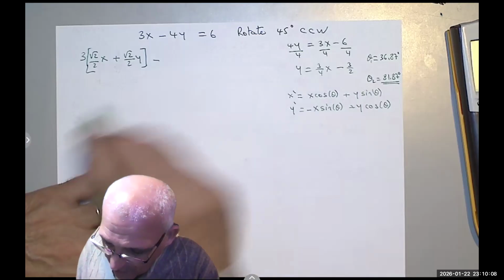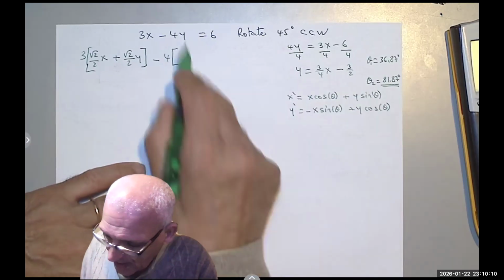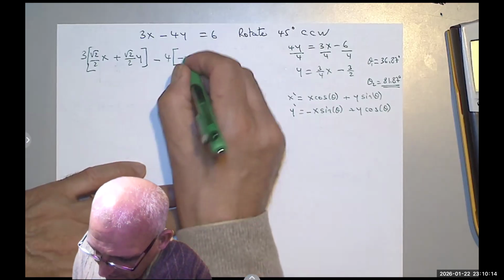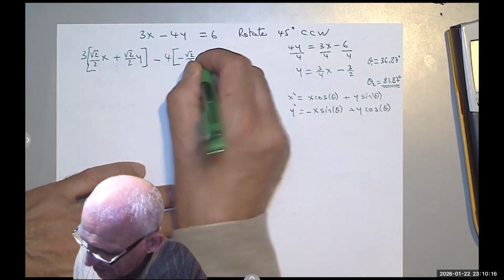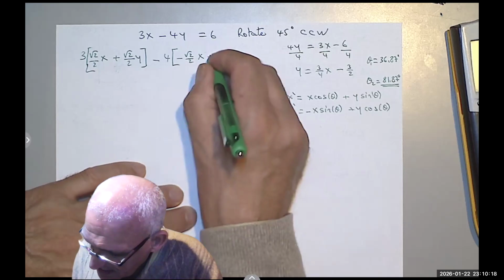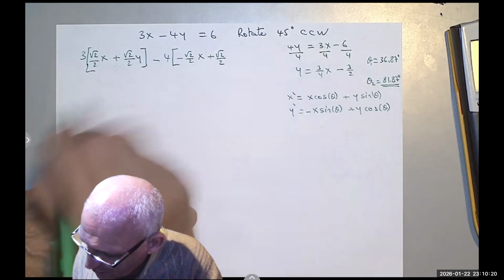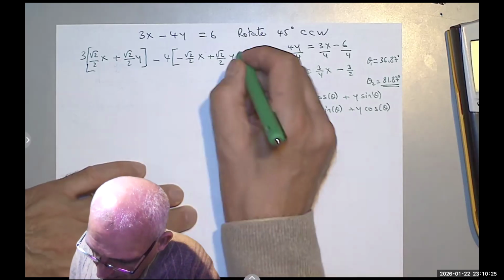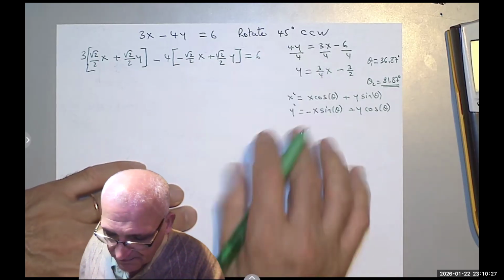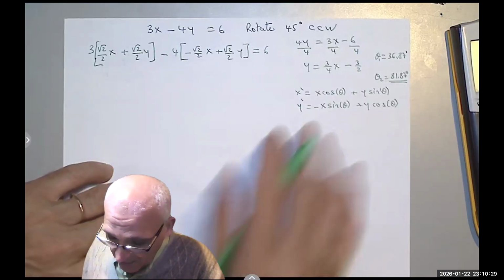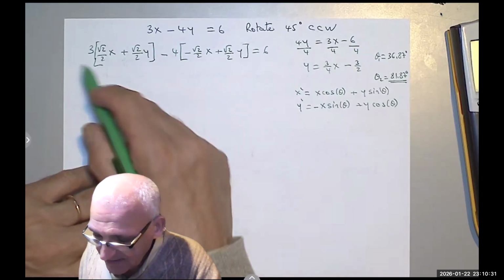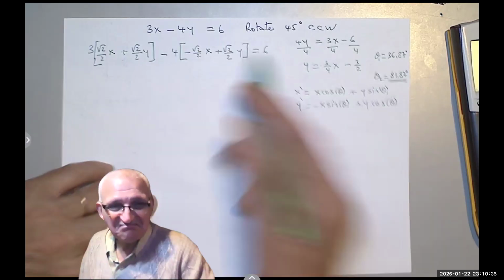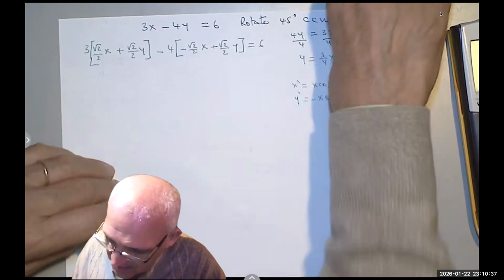Minus 4y. But what is the y? The y is negative x sine, so negative root 2/2 x plus root 2/2 y equals 6. Okay, now I can multiply the whole equation by 2 to get rid of the denominator.